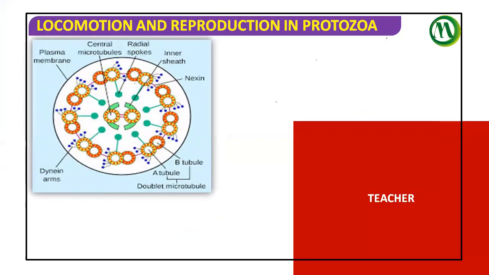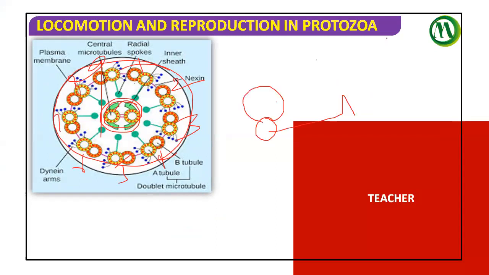So from another angle, you can see here the complete information about this. This is the inner sheath, and this is the outer sheath. There are 9 peripheral microtubular doublets present here. If you bring one out, you can see the A microtubule and the B microtubule.